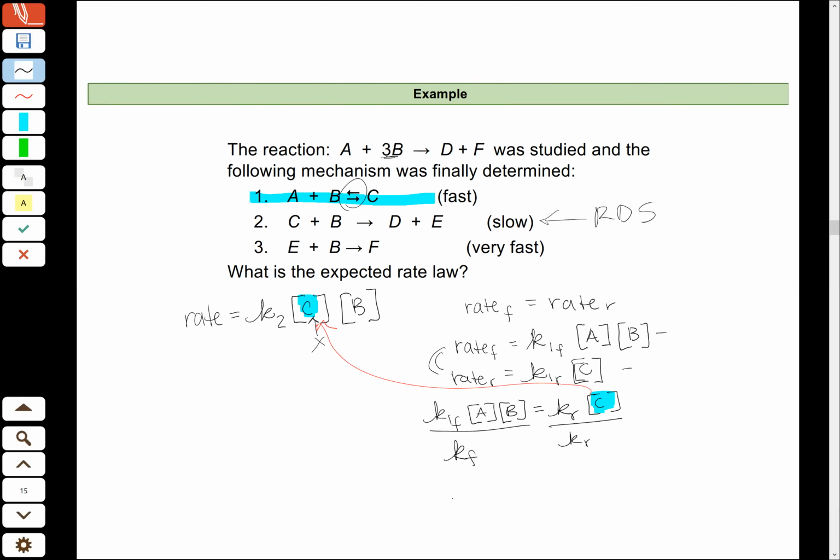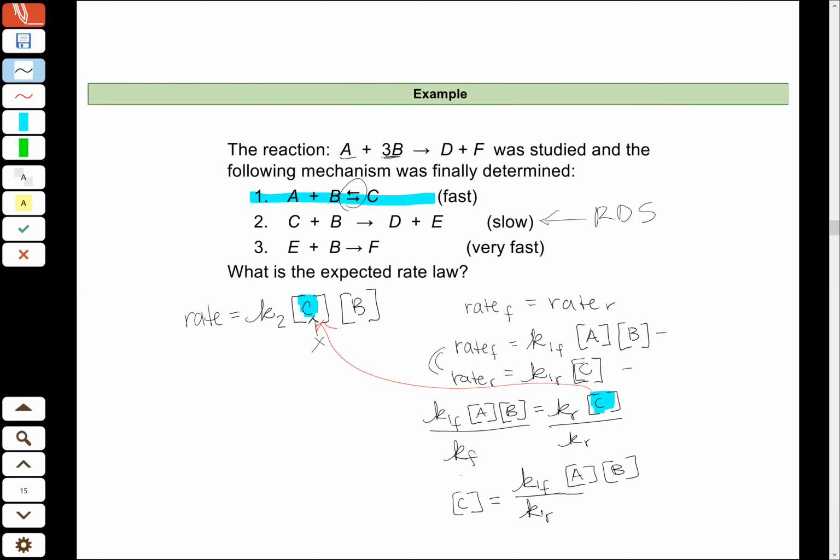And now C is equal to my forward rate constant divided by my reverse rate constant, all times the concentration of A times the concentration of B. And now since A and B are both reactants in my overall reaction, and they're not intermediates, I can plug this into my rate law to develop my observed rate law, or expected observed rate law.